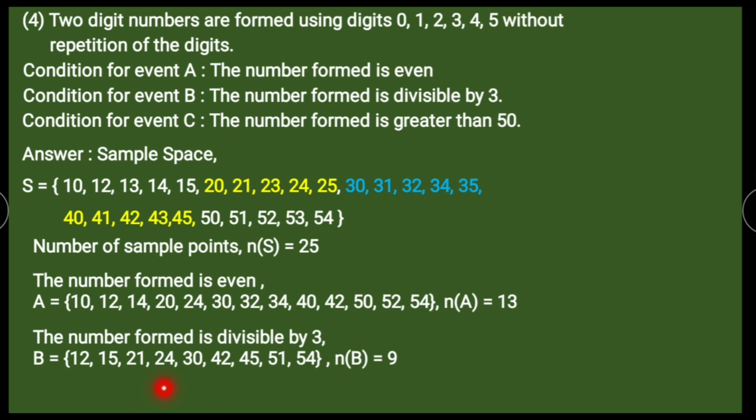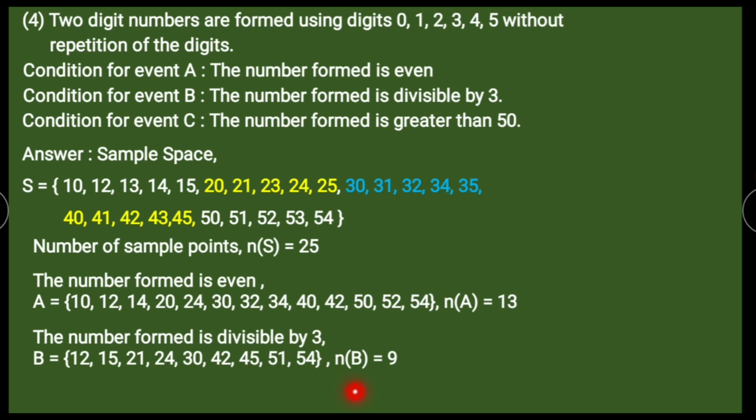So we select all these numbers from this sample space which are divisible by 3. So the total elements of set B are 9. So we write here n of B equals 9. So we confirm: 1, 2, 3, 4, 5, 6, 7, 8, 9.